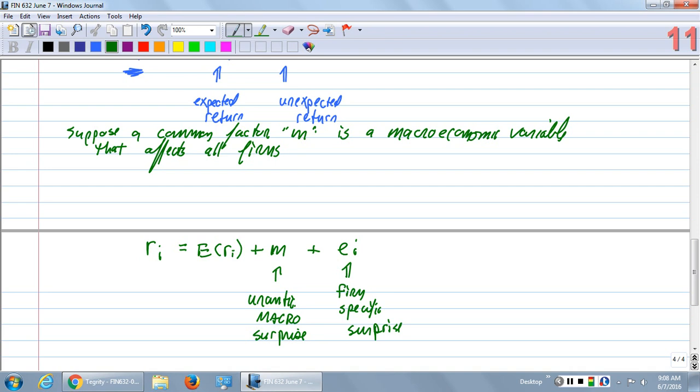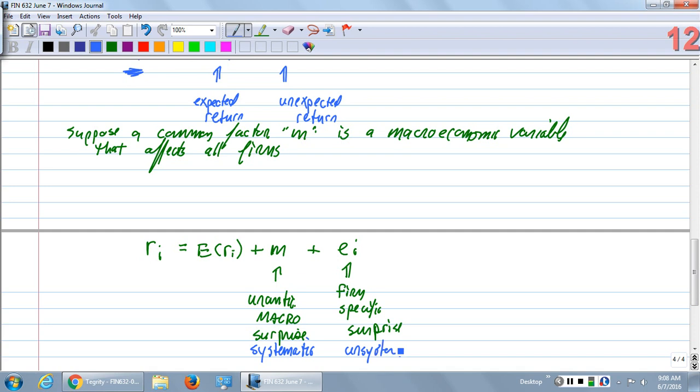In addition, there could be, again, still some firm-specific surprise. Nike introduced a new tennis shoe, or Nike got some good press or some bad press. So what we're saying then is that the return equals what we expect it to be plus any surprises. Systematic, which I'll put down here, this is really a systematic influence, and unsystematic.